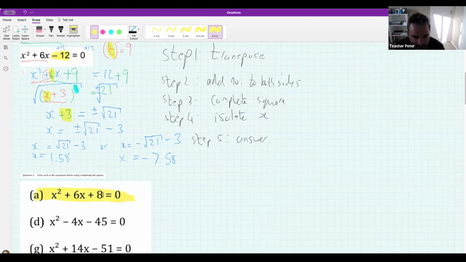How would you solve for x by using the method of completing the square? What is the method? How would I transpose? What number should I add to both sides? How do I complete the square? Okay. And then once you're done, I want you to say done in the chat.